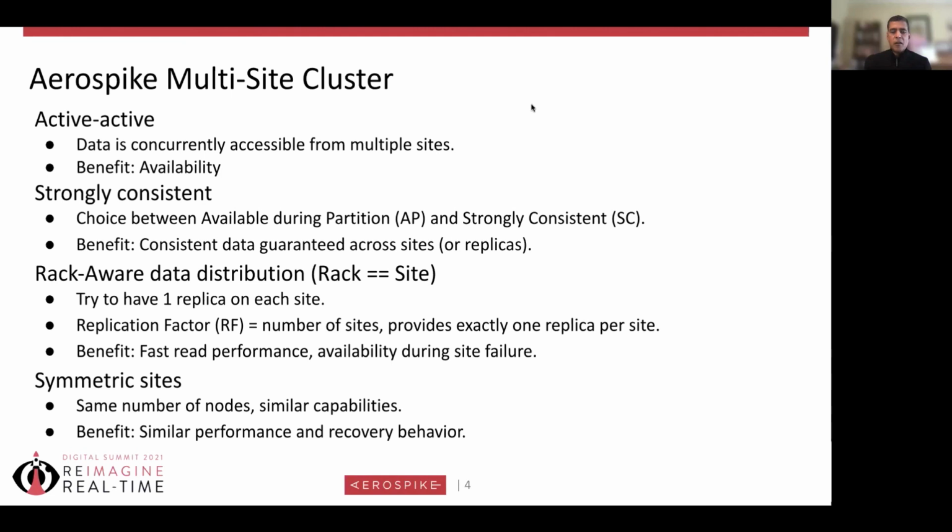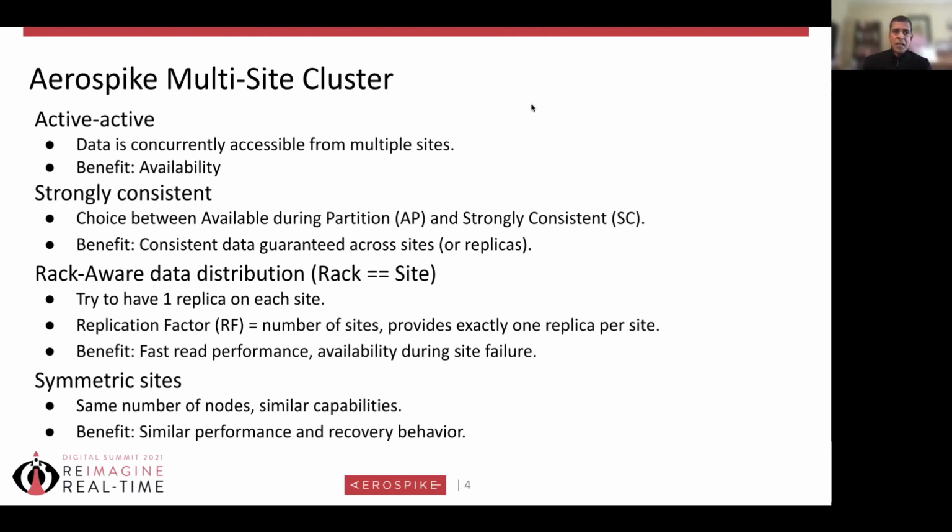Another recommended property of a multi-site cluster is that the sites are symmetric. What that means is that each site has the same number of nodes with similar capabilities. And the benefit that comes out of this is the performance and recovery characteristics of the sites are similar, which is a desirable thing.